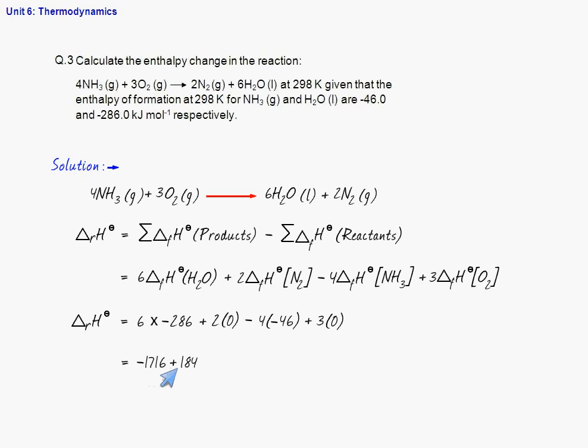This is equal to minus 1532 kilojoule. This is very simple. You simply have to substitute the values which are already given and you will get the result.